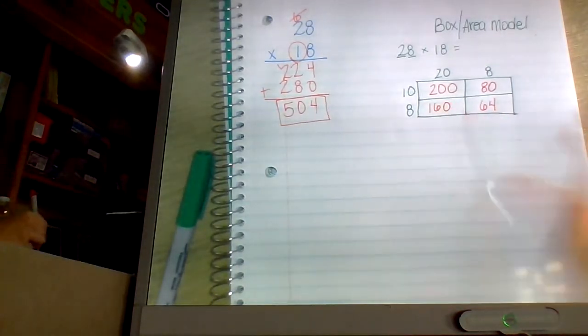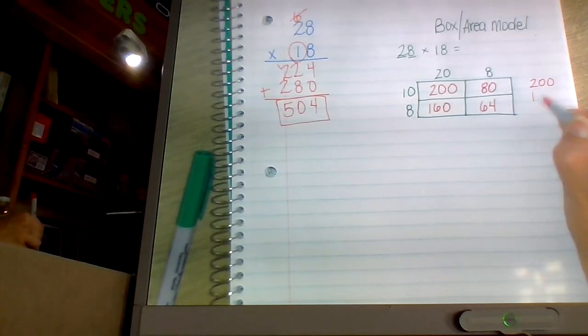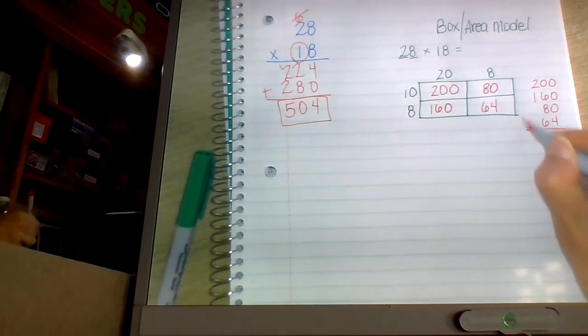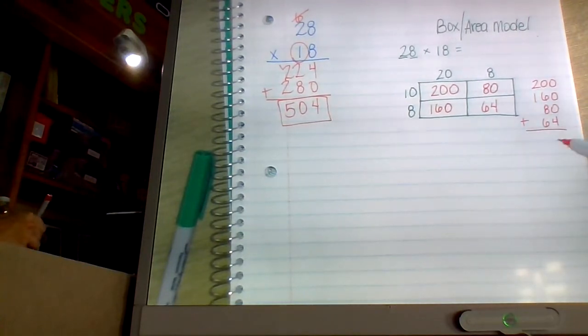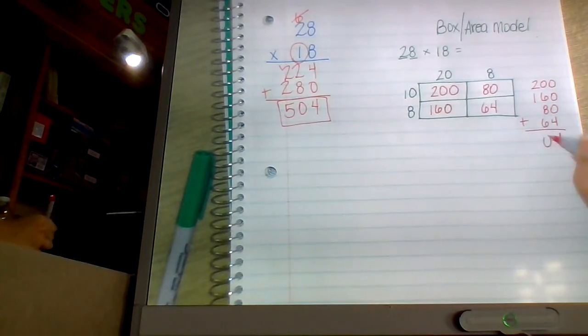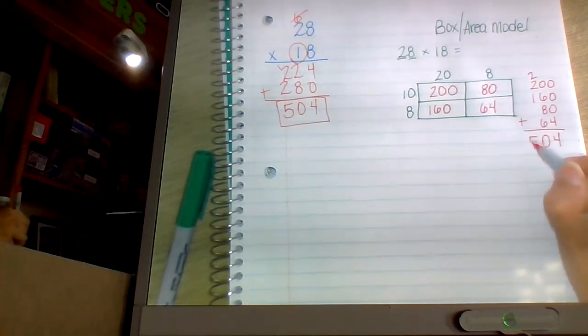And then I'll take these 4 numbers and I'm going to find the sum. That means the answer when we add. So 0 plus 0 plus 0 plus 4 is 4. 0 plus 6 plus 8 plus 6, well, 6 plus 6 is 12. 12 plus 8 more is 20. 2, 2, and 1 is 5.